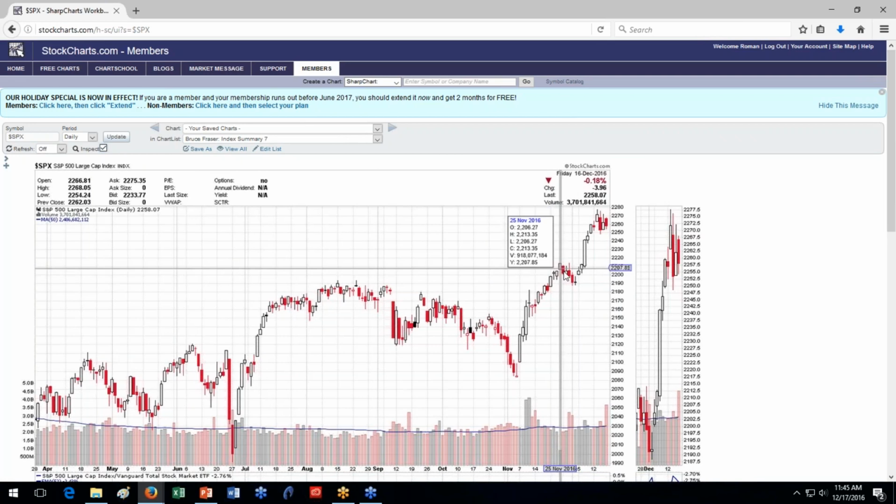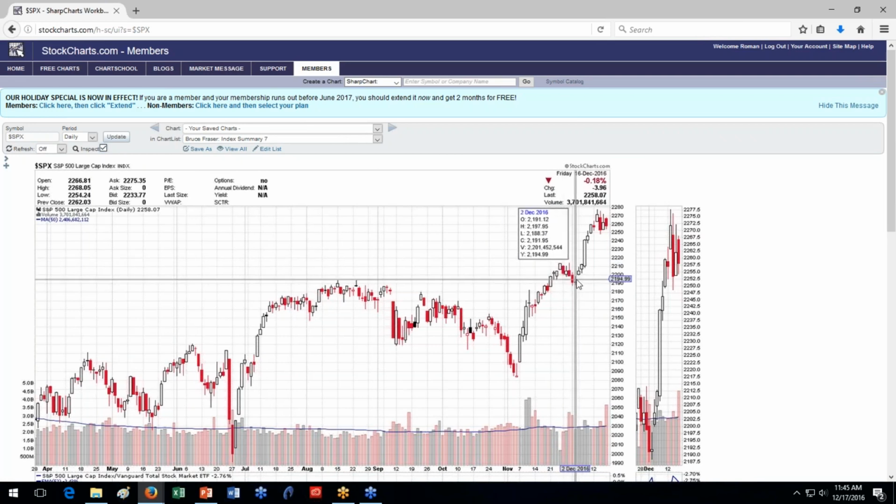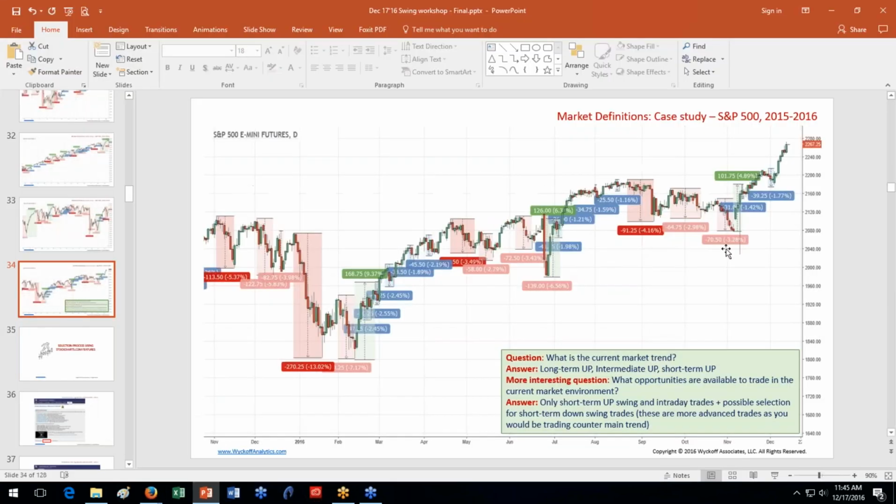And what we basically want to do is, during this reaction, which to us is a very healthy reaction, it's only 1.7%, 1.8% right here, which is in line with previous reaction, which is less than the reactions that we've had in the trading range. So that suggests a continuation.